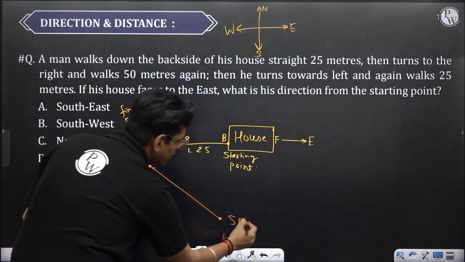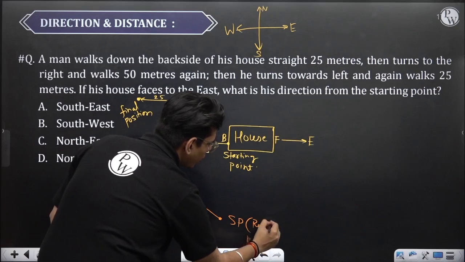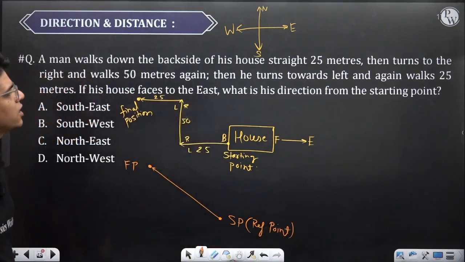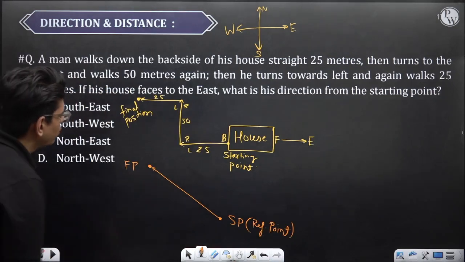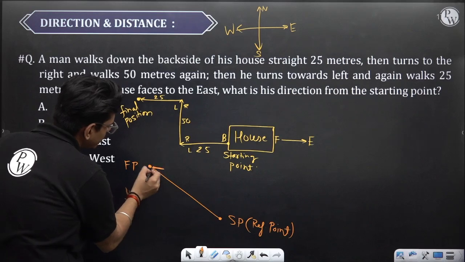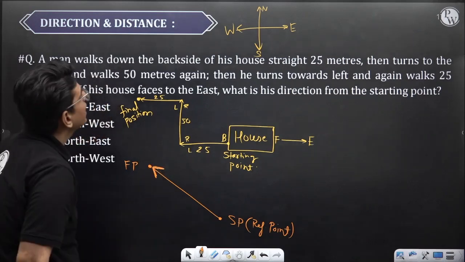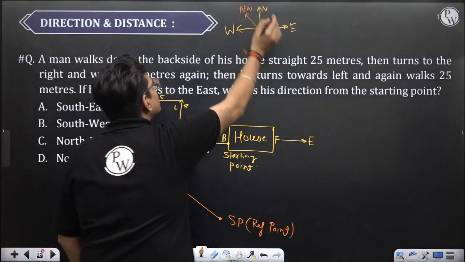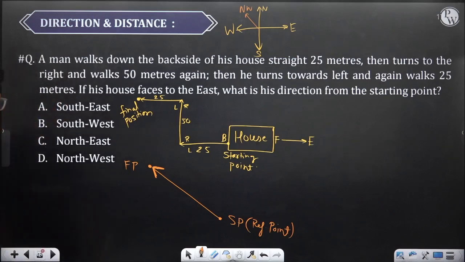This is our reference point, because in the question it is given what is his direction from the starting point. So we have to make an arrow like this. This direction is nothing but northwest. Is there an option northwest? Northwest, option D is the correct answer.